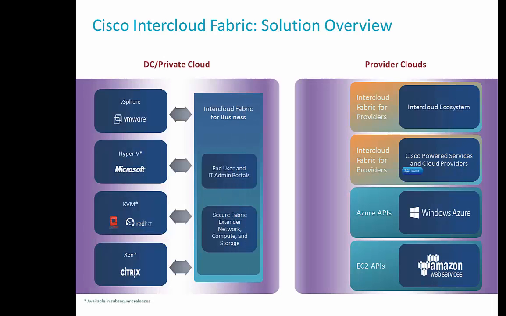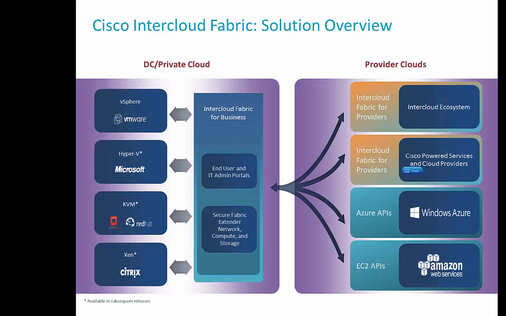So architecture-wise, I'm sure most of you system admins have been working in the data center, managing VMware, maybe Hyper-V, KVM, or Xen to manage your private cloud or hypervisor environment. And you may also have some VMs deployed in the cloud, maybe Amazon, Azure, or Cisco Cloud, or whatever it is.